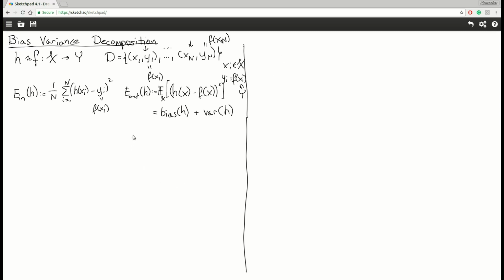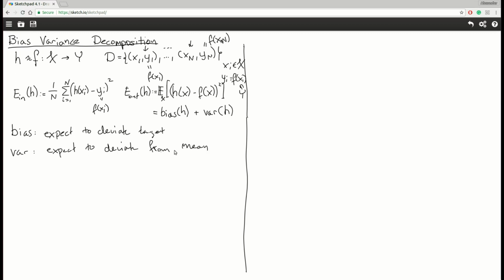Before I show you how to decompose the out-of-sample error rate into bias and variance, I want to talk a bit about bias and variance first. You can think about bias as how much we expect to deviate from the target. And you can think of variance as how much we expect to deviate from the mean, or expectation.